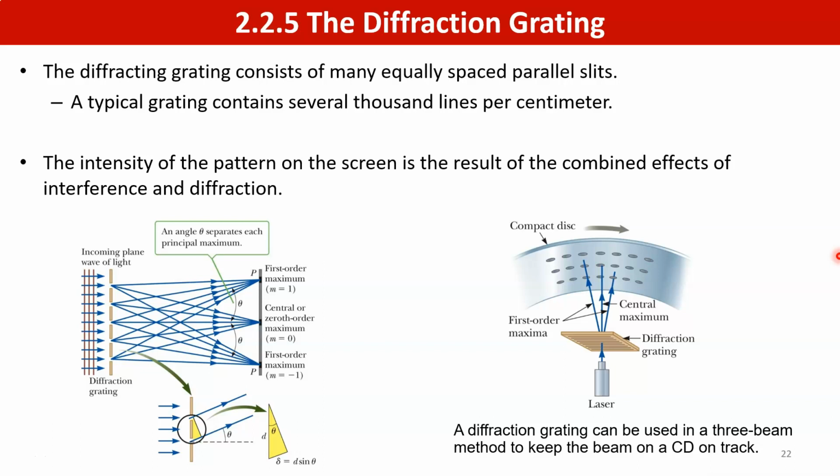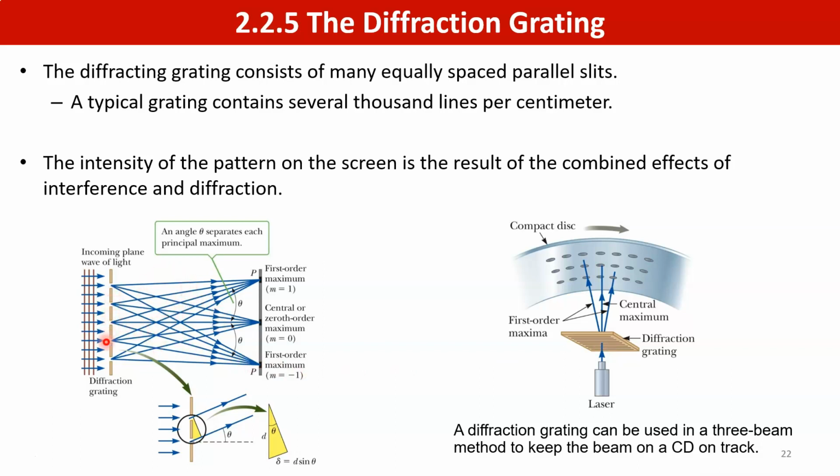Okay, the last topic, the diffraction grating. The diffraction grating consists of many equally spaced parallel slits. A typical grating contains several thousand lines per centimeter. The intensity of the pattern on the screen is the result of the combined effects of interference and diffraction.